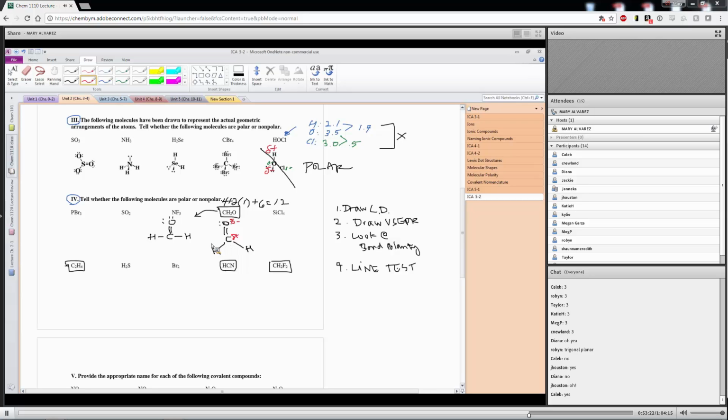Now, is the molecule polar? We've put in all of our little partial negatives and partial positives. Can I draw a line and put all the positives on one side, all the negatives on another?